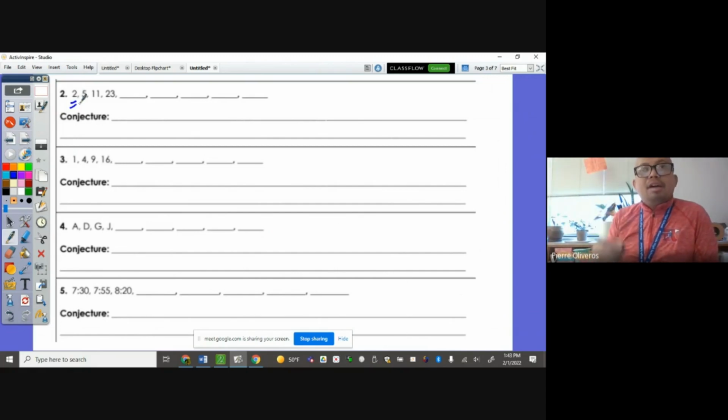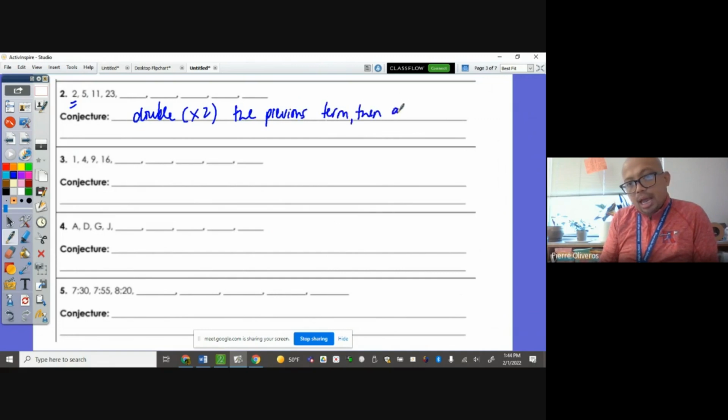You multiply 11 by 2, plus 1, you get 23. So you double the previous term, then we add 1 to get the next term.